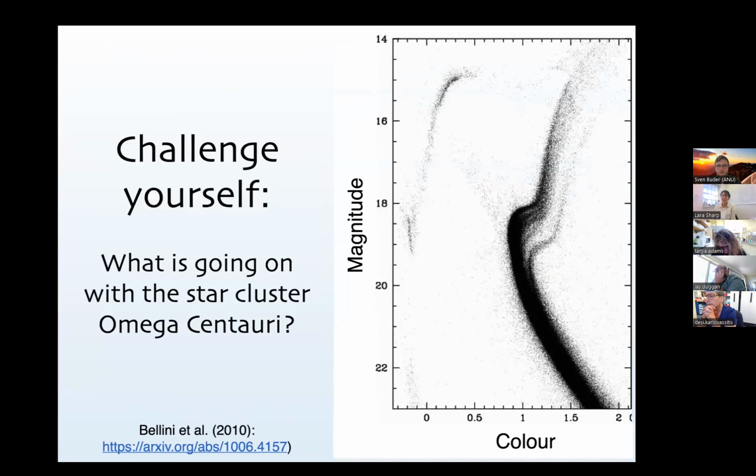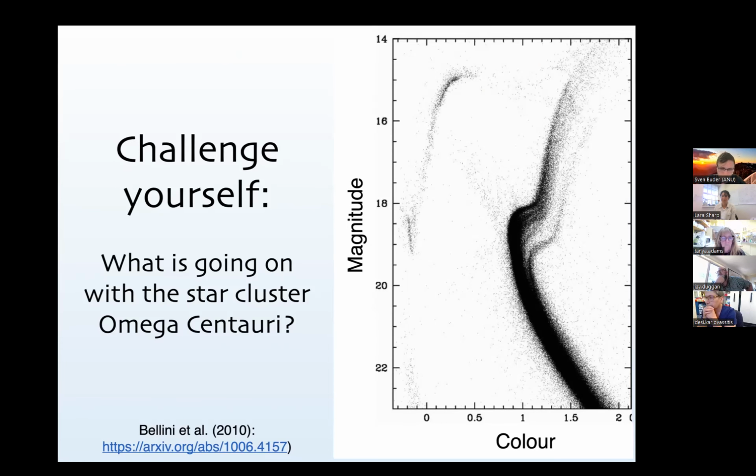All right, I have one thing that is completely out of order, but I thought it might be interesting for you. Lara told you before that we can use these stars to figure out ages or sequences. One of these interesting clusters that Lara showed you before is Omega Centauri.